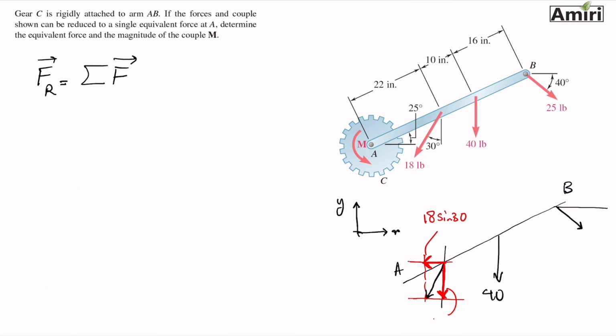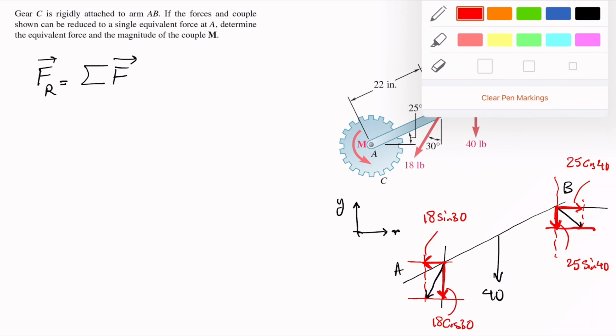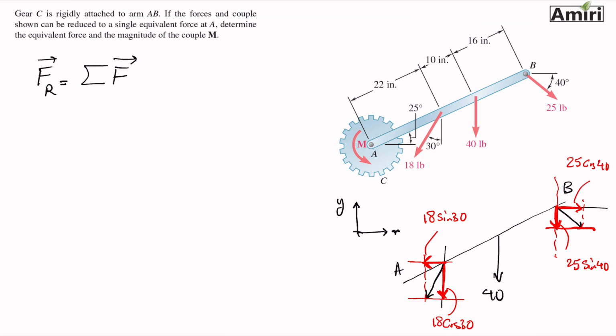This one right here is 18 cosine 30. The 40 is just straight up and down. This one right here is 25 sine 40. And this one is 25 cosine 40. All right, I have everything in x and y. I'm going to write it and just add them together.